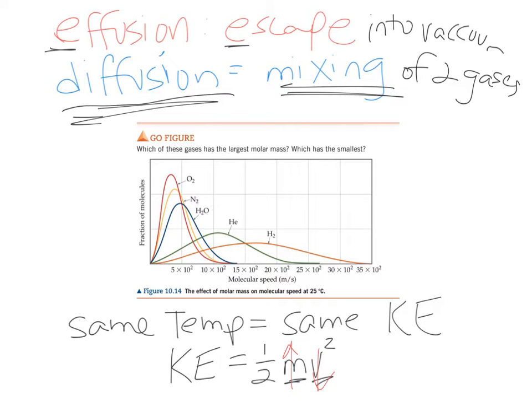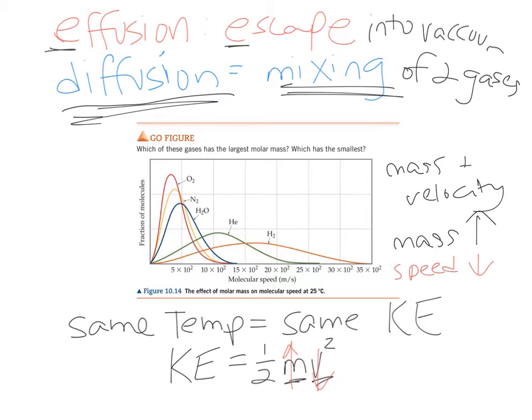So these two things written right here, the mass and the velocity, are inversely proportional. So if mass goes up, then the speed or the velocity decreases, because speed and velocity are almost the same.